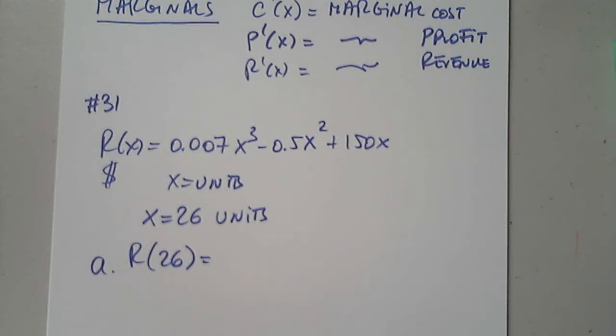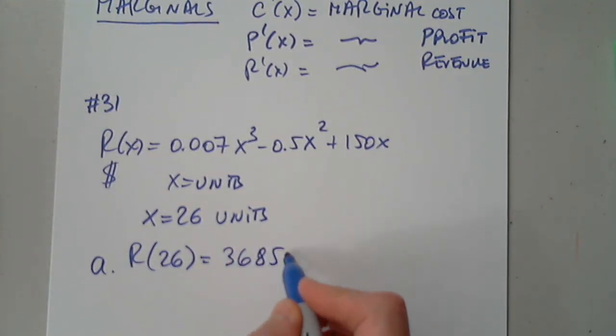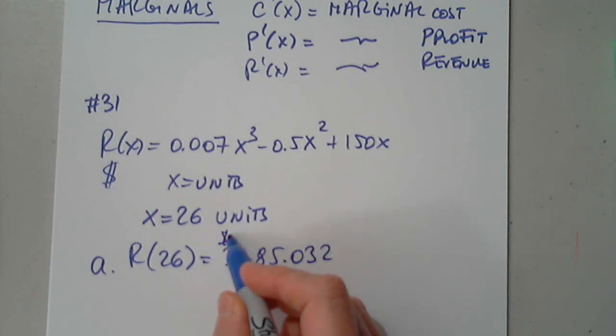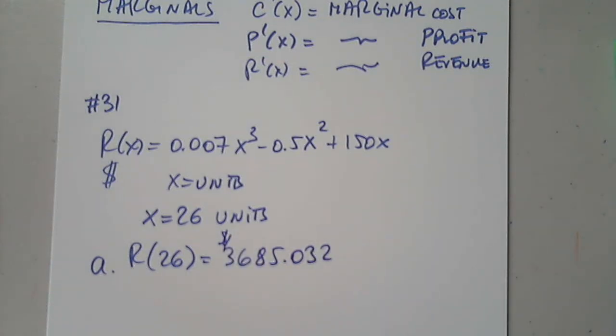In y equals, I have 0.07x cubed, minus 0.5x squared, plus 150x. So I plug in 26, perfect, and I get 3685.032.